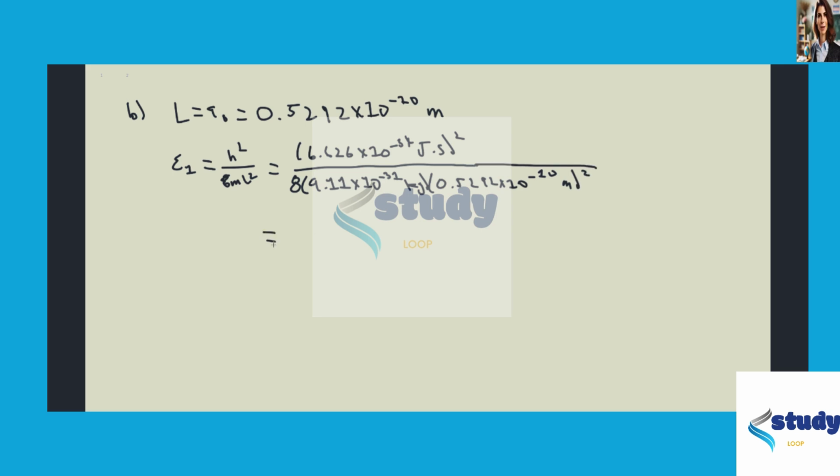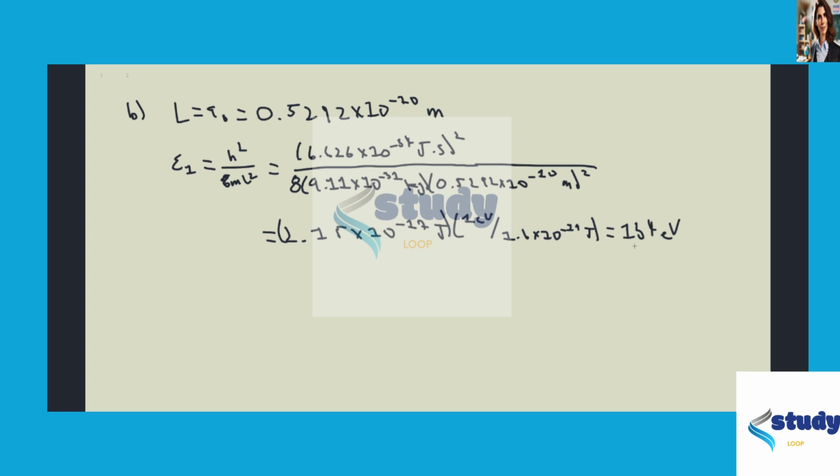Working through all of this math, you get 2.15 times 10 to the minus 17 joules. If we want it in electron volts, multiply this by 1 eV over 1.6 times 10 to the minus 19 joules, which is equal to 134 electron volts.